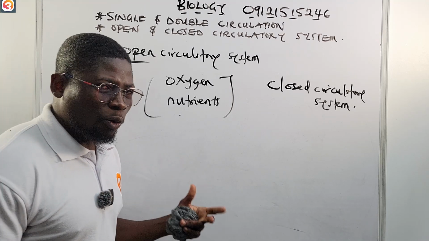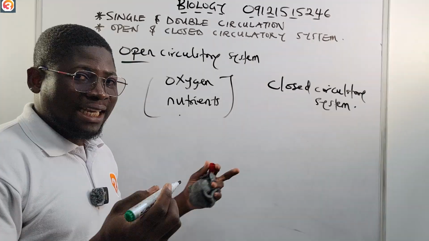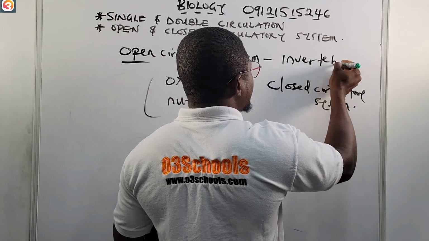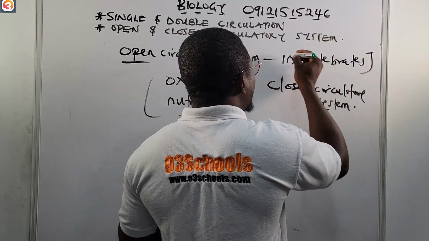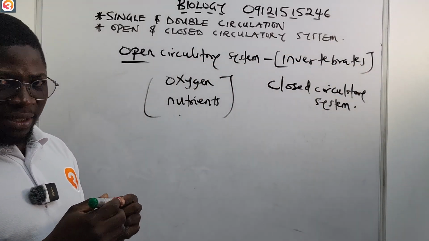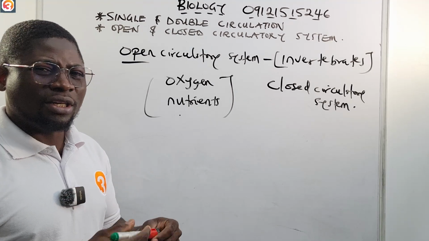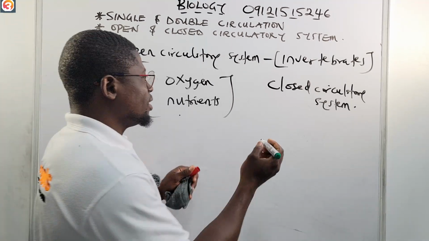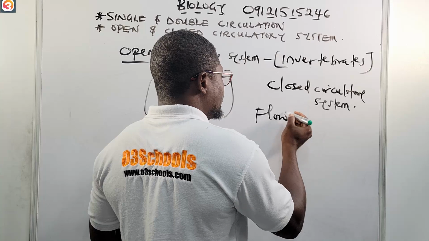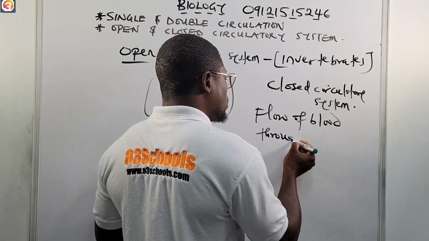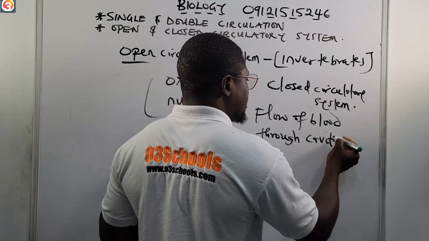The open circulatory system is first of all found in invertebrates. And what does it involve? It involves the flow of blood through cavities.